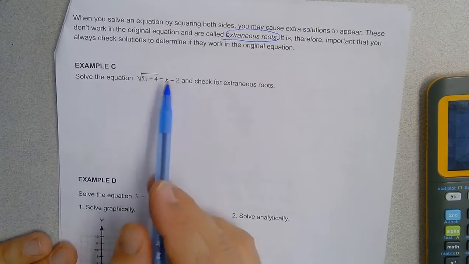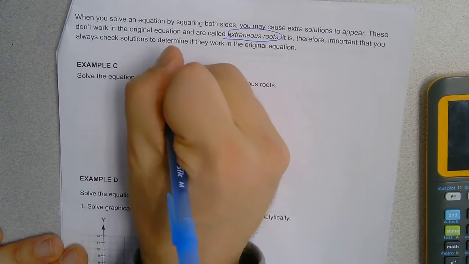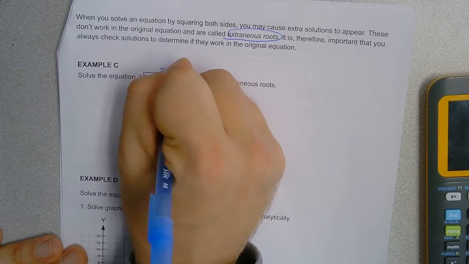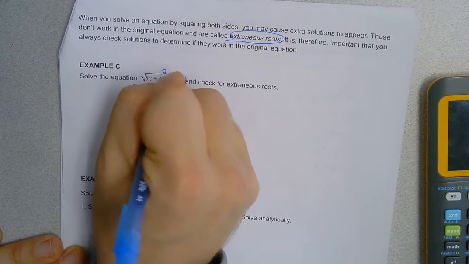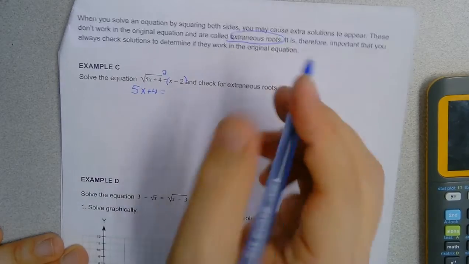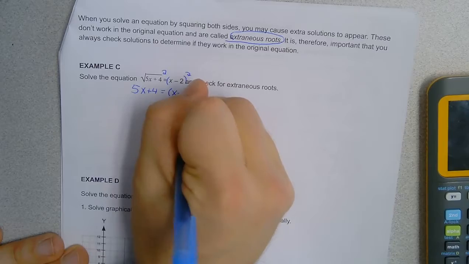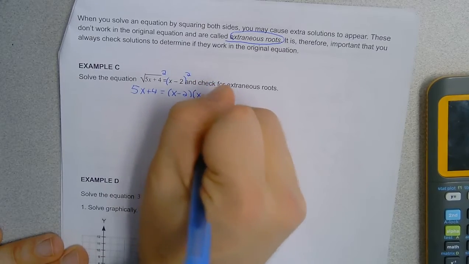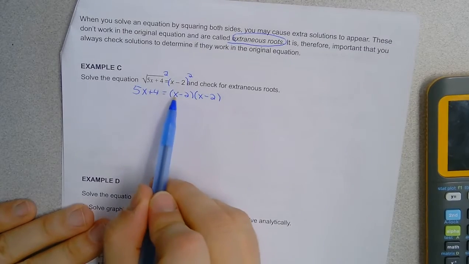So what we're going to do is solve this and check for extraneous solutions. If I square here, we would see 5x plus 4 is equal to x minus 2 times x minus 2. And now I'm going to distribute on this side.